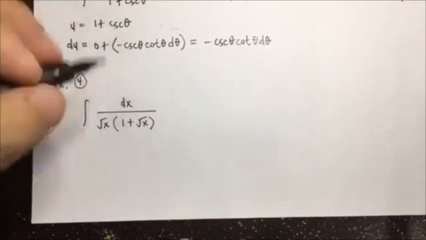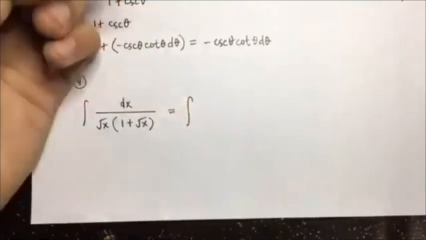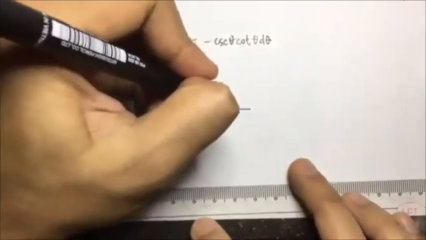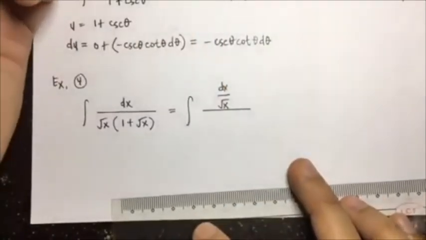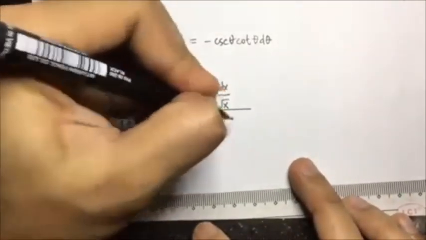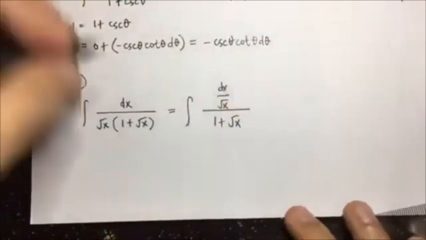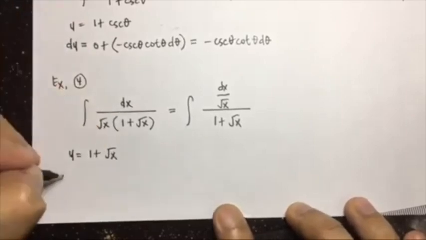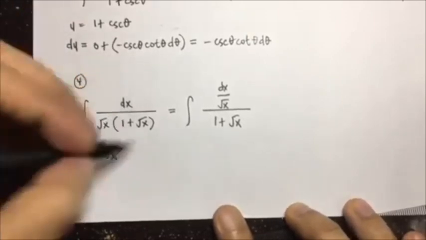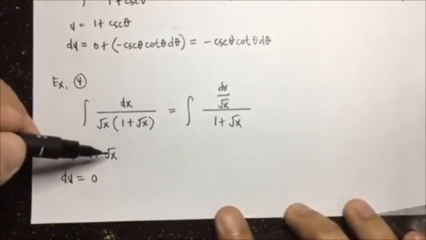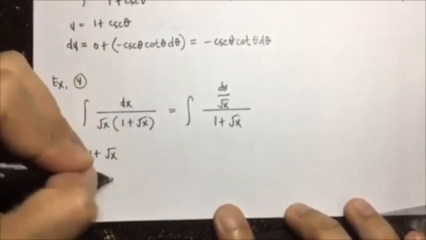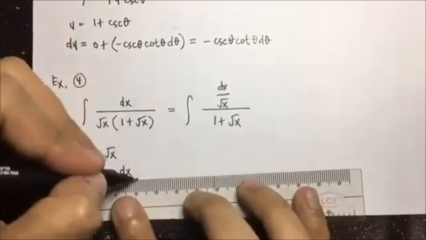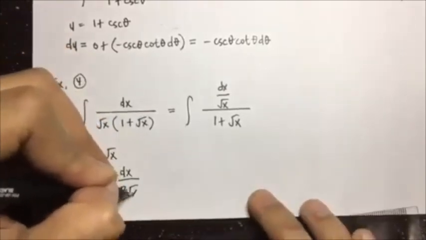We can rewrite this as integral of dx over square root of x over 1 plus square root of x, where our u is equal to 1 plus square root of x, and our du is equal to, the differential of this is 0, and the differential of square root of x, you should memorize that, is 1 over 2 square root of x, or dx over 2 square root of x.